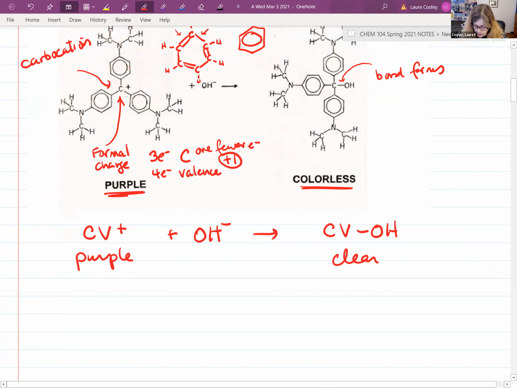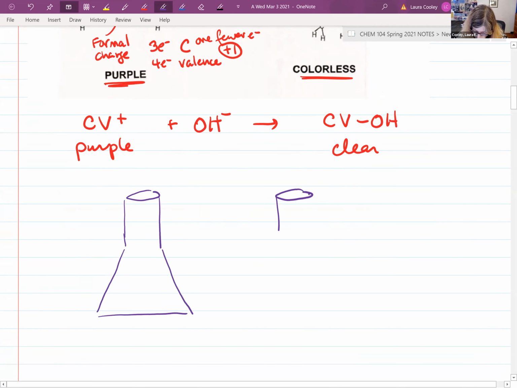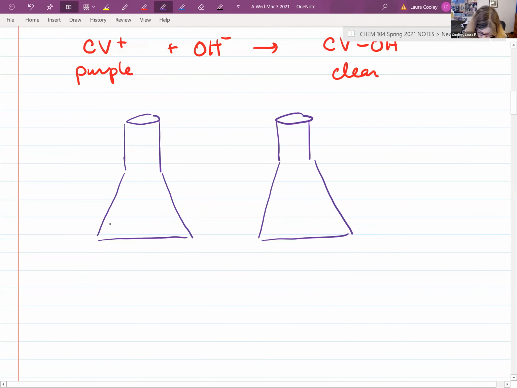So I'm going to show you this reaction in 2 flasks. I'm not just going to run it once. I'm going to run it in 2 different Erlenmeyer flasks with 2 somewhat different concentrations. What I will have in each of these flasks is the same concentration of the crystal violet in both flasks.